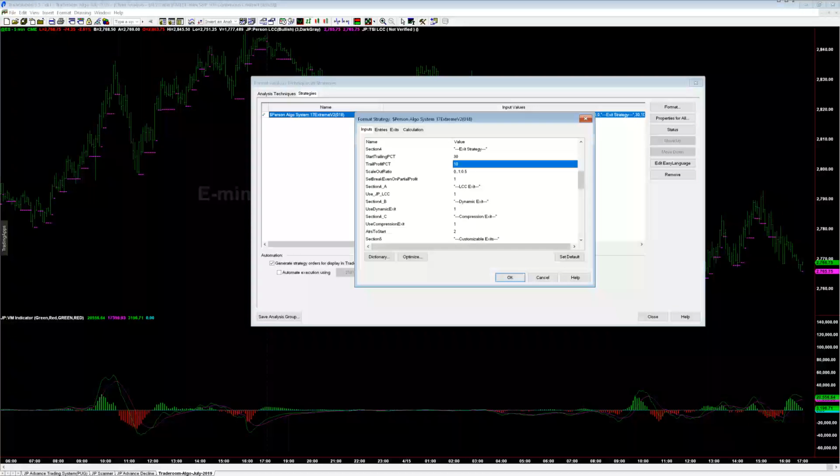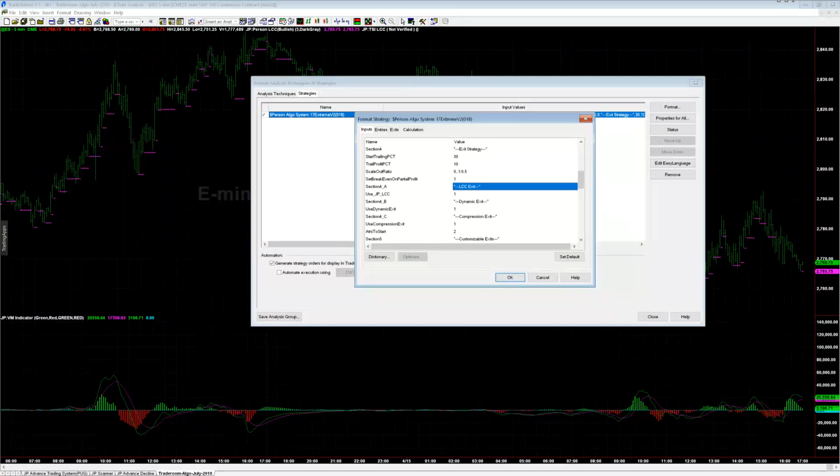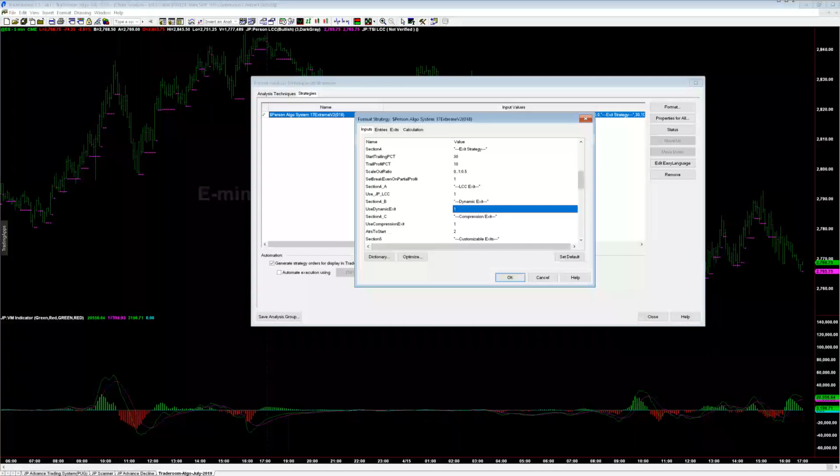Okay. Now, what kind of stop should we use? LCCs or dynamic? What is dynamic? Dynamic is a change or a function, a difference between whichever is the greatest of a last conditional change and the ATR, the function of ATR. So if this is, for example, over here, these last conditional changes look great.